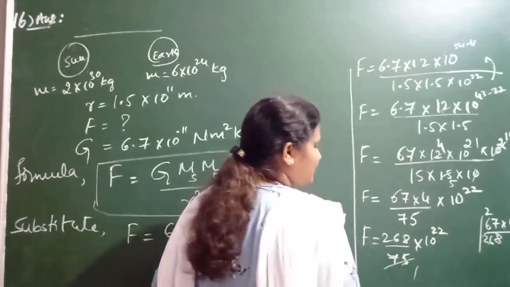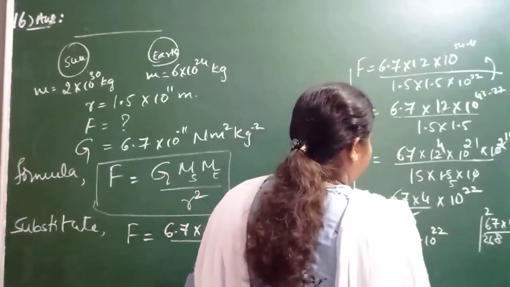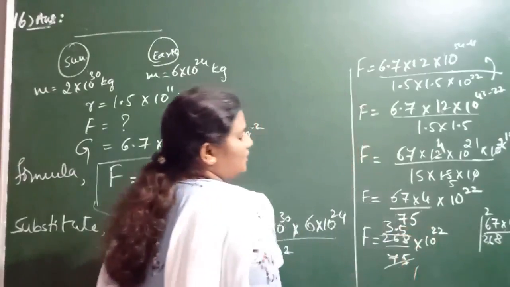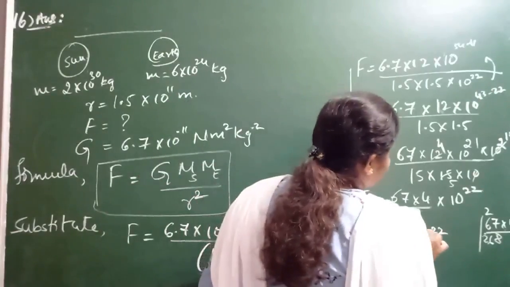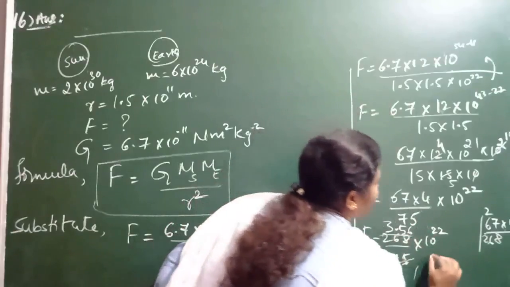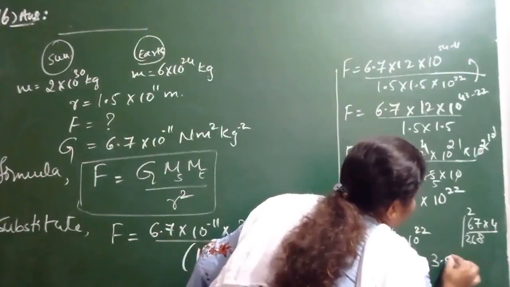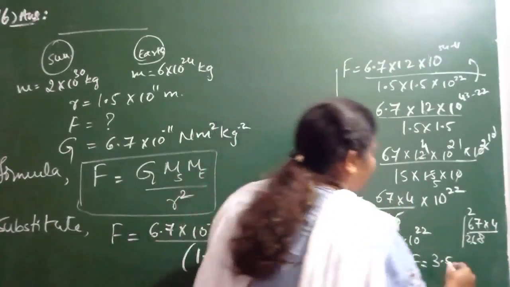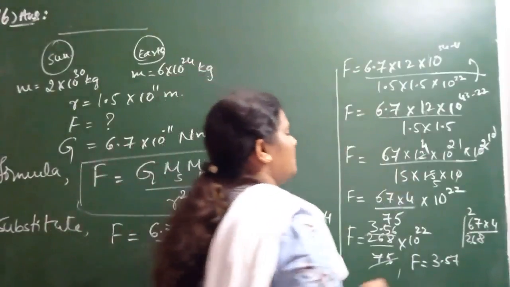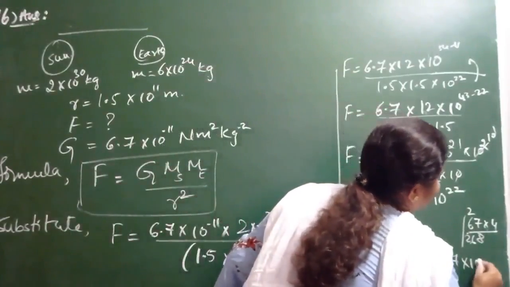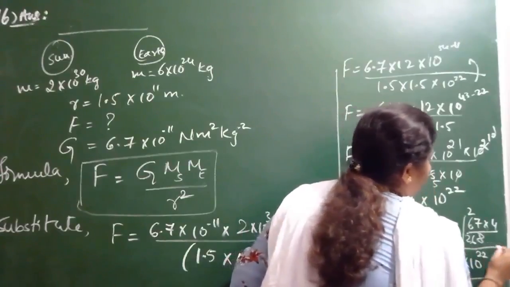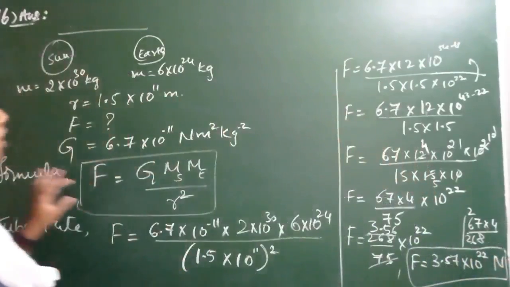Approximately you can take 3.57, so F is equals to 3.57 into 10 to the power of 22 newtons. This is the force acting on these two objects.